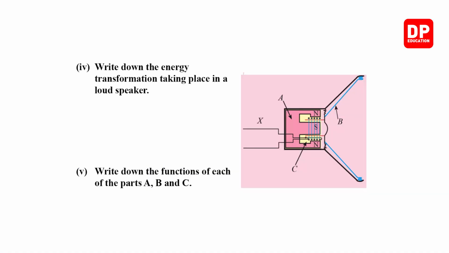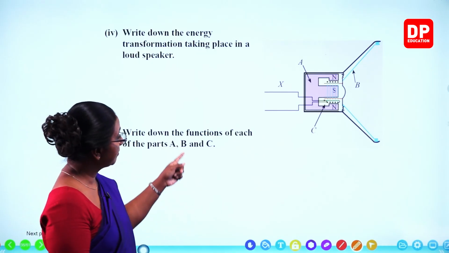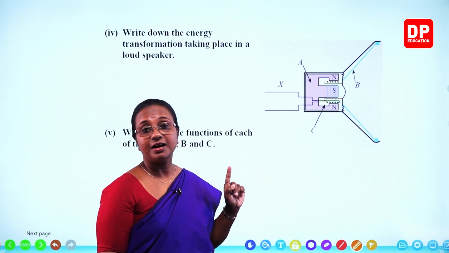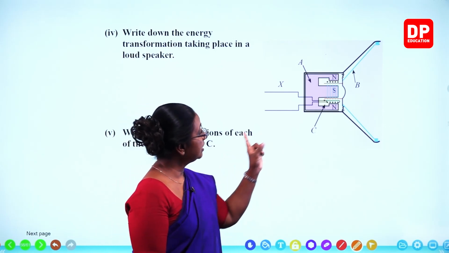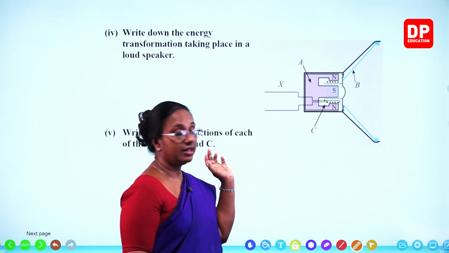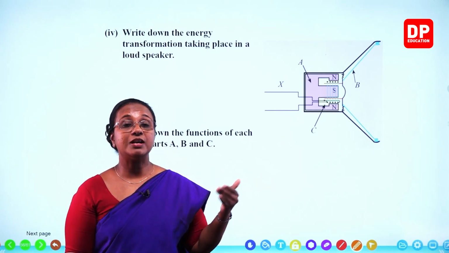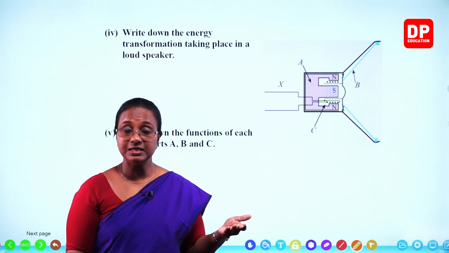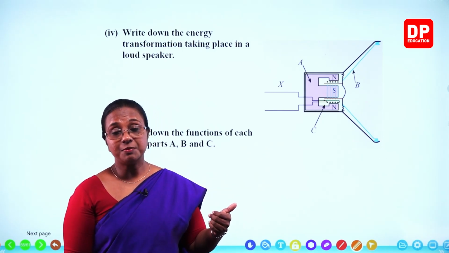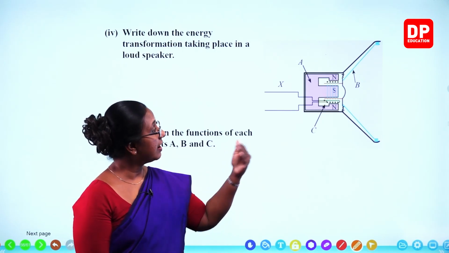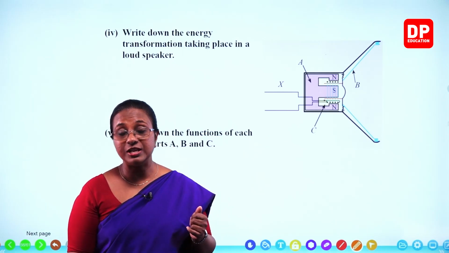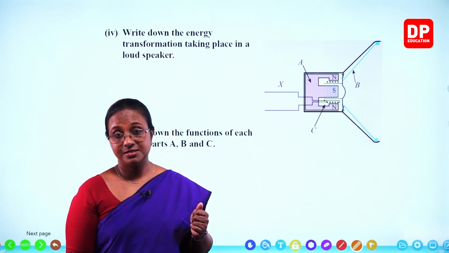So here, fourth part of the question, write down the energy transformation taking place in a loudspeaker. So like I told you all can remember, we supply the electric current, so it is electric energy. Then when there is the force acting and the vibration occurring, it is the kinetic energy, or what we call as the mechanical energy, because kinetic energy is a type of mechanical energy. And finally, it is the sound energy that is generated.